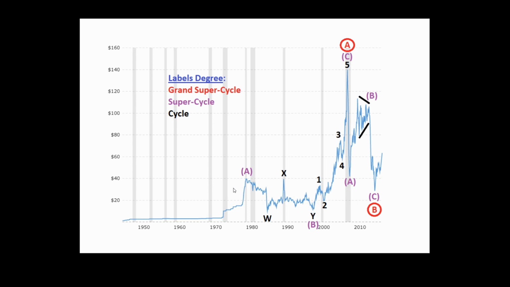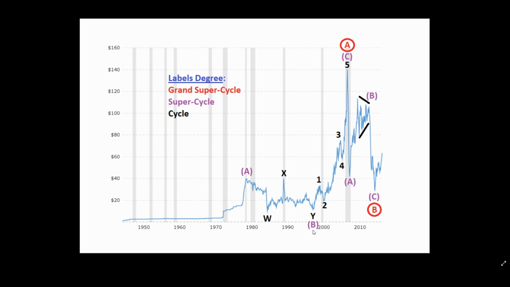And the reason why I'm labeling this as an A, B, C and not as a 1, 2, 3, 4, 5 in an impulse is because for a second wave to be here instead of B, a second wave needs to be a proper zigzag, first of all. Secondly, it took this corrective piece way too long to develop.